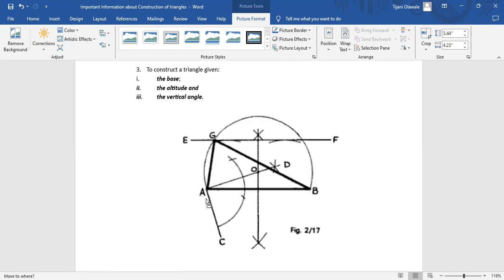Now, having drawn line AD, we are going to bisect the base line AB. Bisecting it, we have this line. This bisector intersects line AD at this point O here. Then we have to draw a circle.